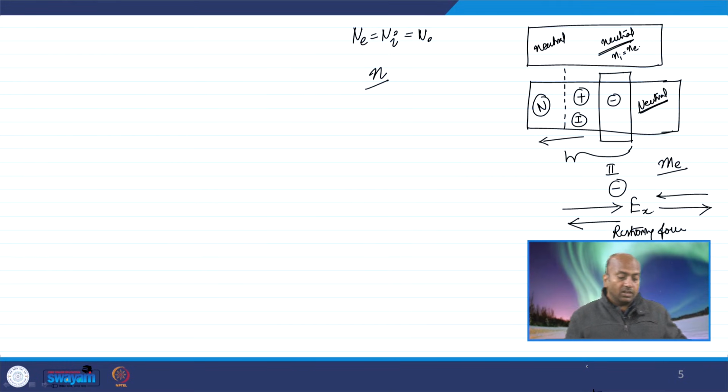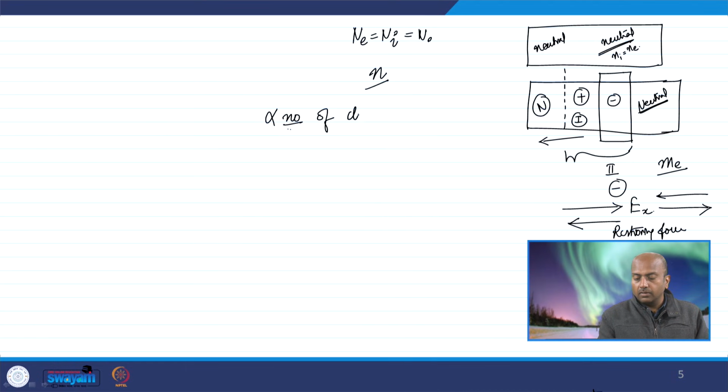Okay. Because we have to start from the restoring force, the restoring force can be intuitively connected to the amount of charge that is displaced. So the restoring force can be proportional to the number of charge carriers per unit volume, multiplied by charge.